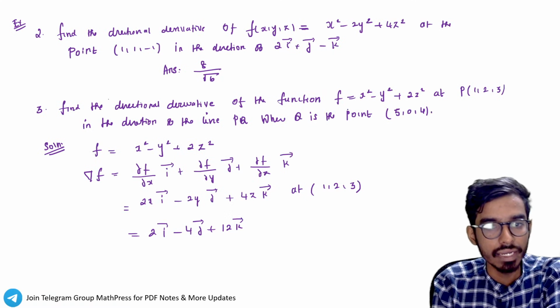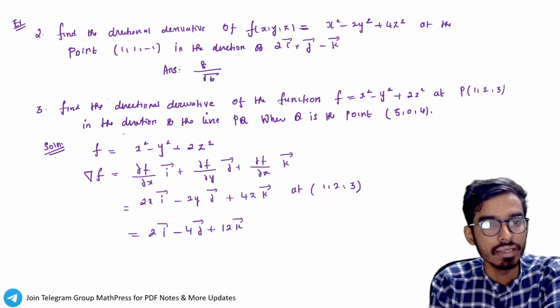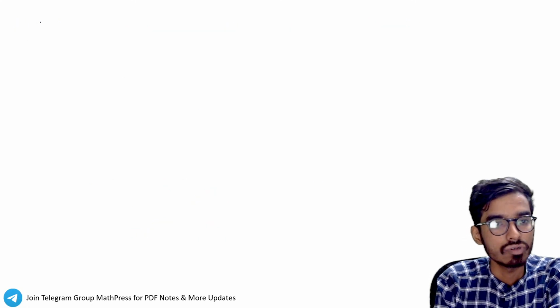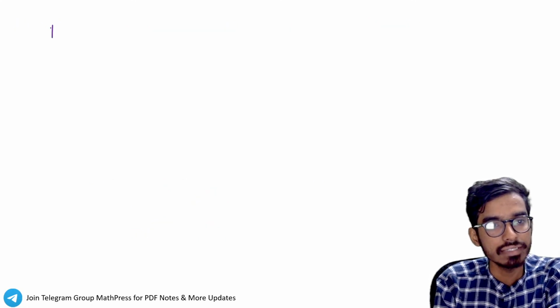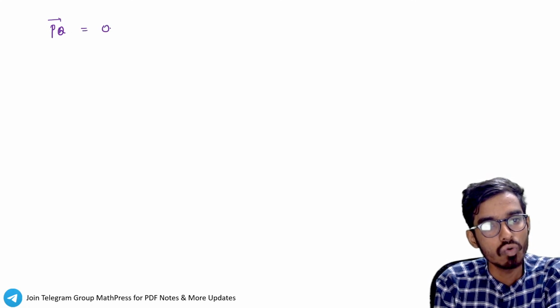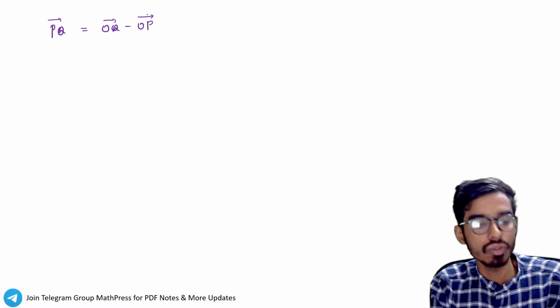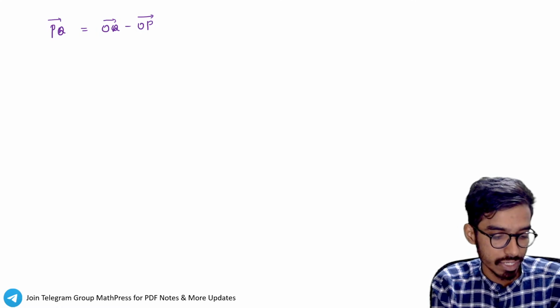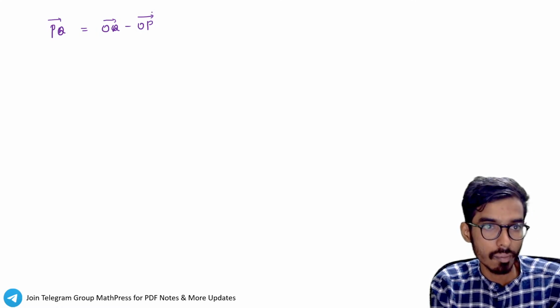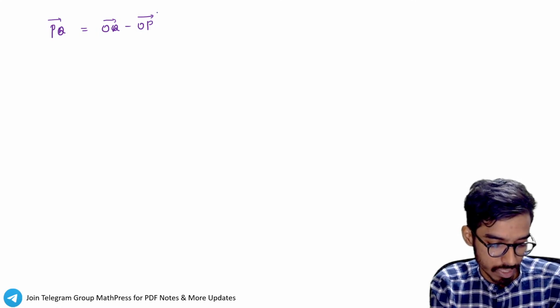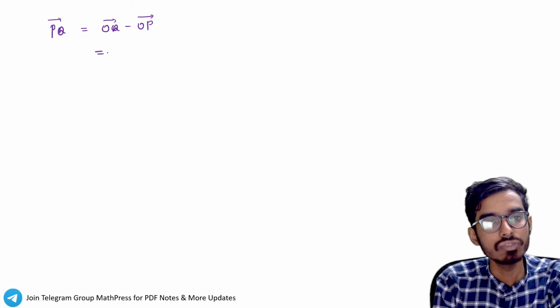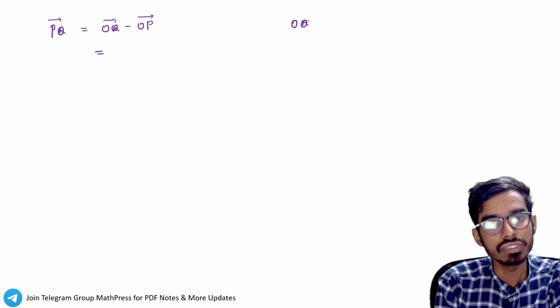Now we need to find what our direction vector is, in the direction of the line PQ, right? Now PQ is nothing but OQ vector minus OP vector, right? So PQ is OQ minus OP. Now what is OQ? O is the origin. Q is 5, 0, 4.